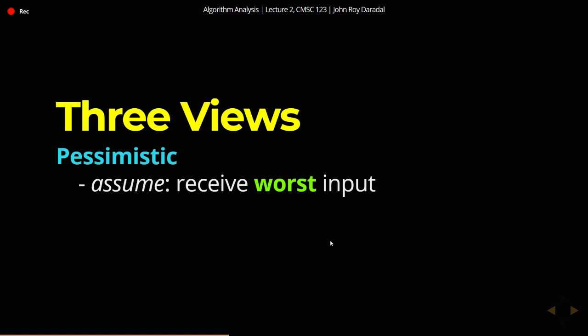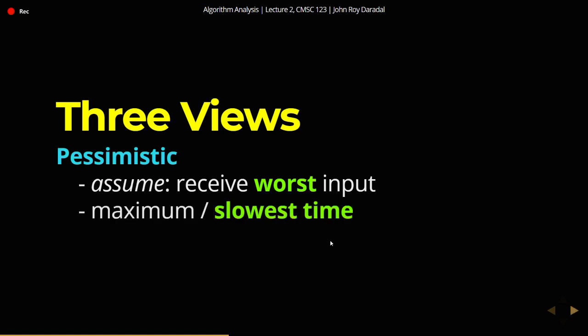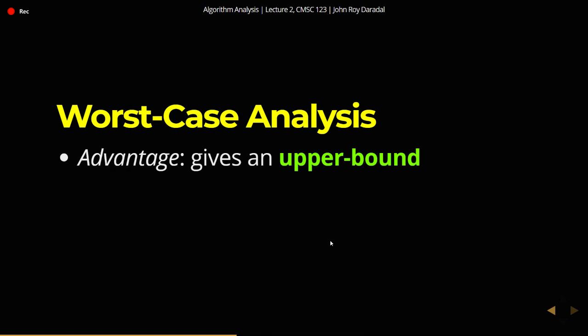The last one is the pessimistic view, wherein we assume that we'll receive the worst type of input. Doing so, we'll get the maximum or the slowest time. And this is the view that we'll actually use. So we will use worst case analysis. We will assume that we will receive the worst type of inputs.